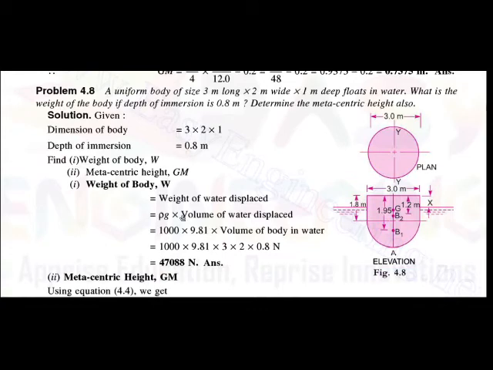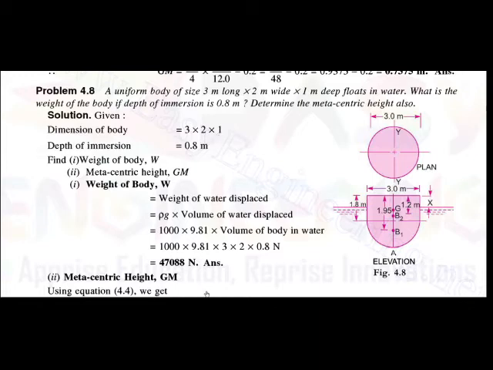First we will find out the weight of the body. Weight of the body is equal to the weight of the water displaced. So it is equal to rho g into the volume of the water displaced. Rho is 1000, g is 9.81, into the volume of the body displaced, as they have already given the dimensions, length, breadth into height.